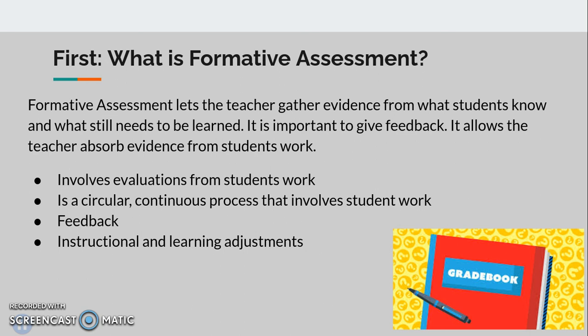It is important to give feedback, and it allows the teacher to absorb evidence from students' work. So this involves evaluations of students' work, and it is a circular, continuous process that involves student work. Also, feedback, instructional, and learning adjustments.